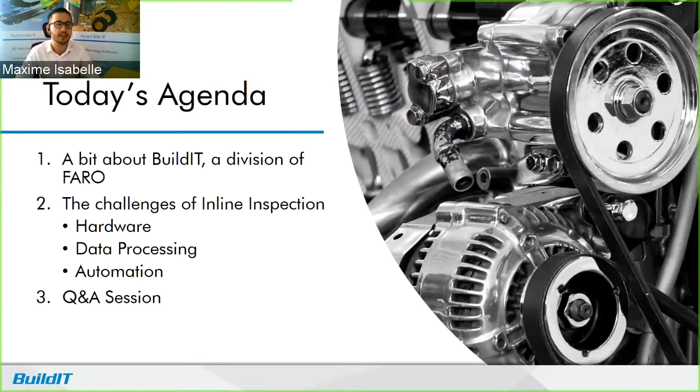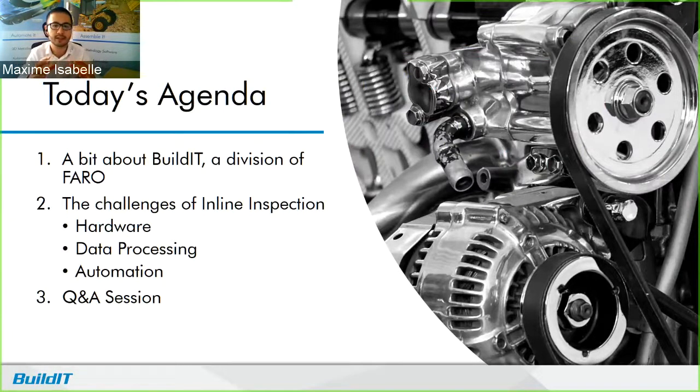So for today's agenda, I wanted to cover first a little bit about BuildIT, to let you guys know a little bit about us. We're a division of Faro, where we're coming from, to give you background information for the automotive and how we apply our software in that industry. Secondly, there's the challenges of inline inspection.